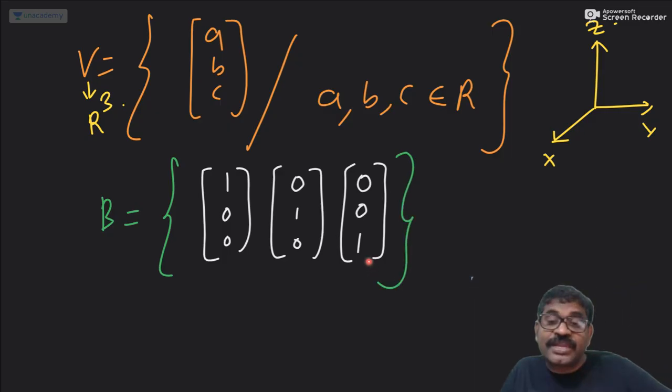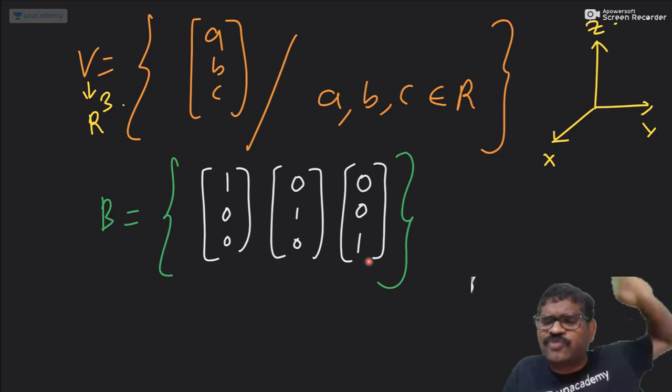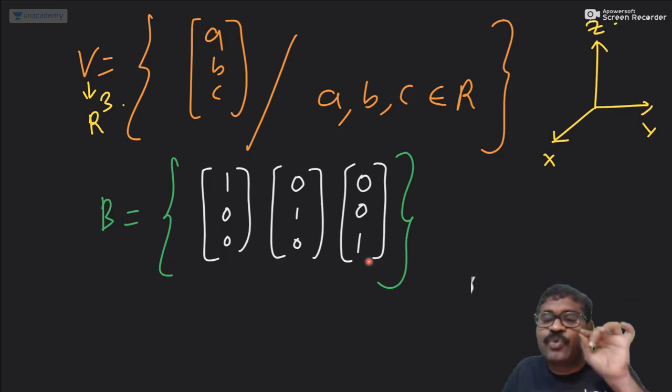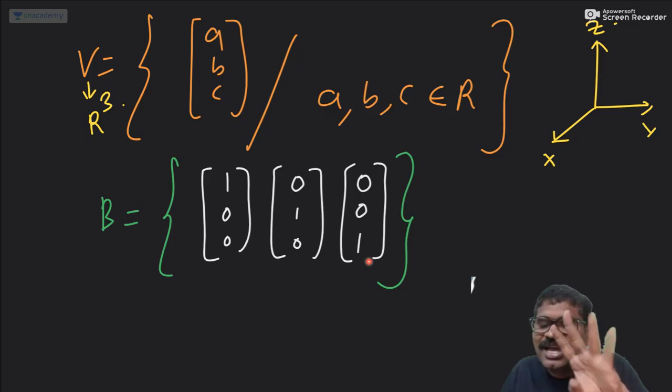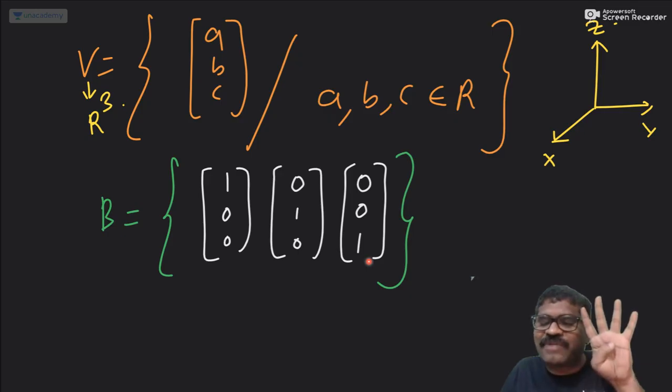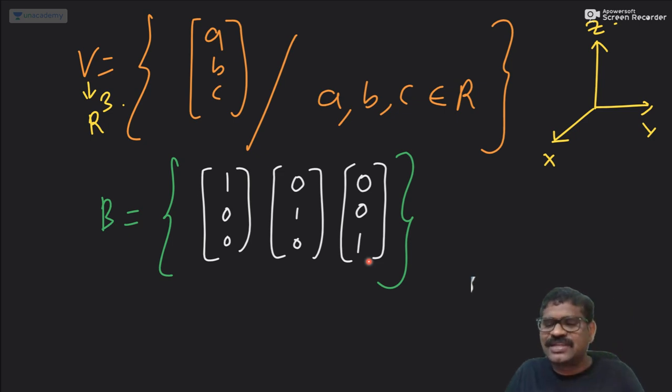Now the set B consists of three vectors. Sir, why have you taken three vectors? Why not four vectors? If you want to create a three-dimensional vector space, you require only three base vectors. If you want to create a four-dimensional vector space, you have to take four base vectors.